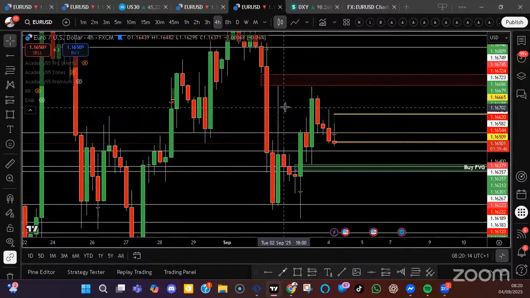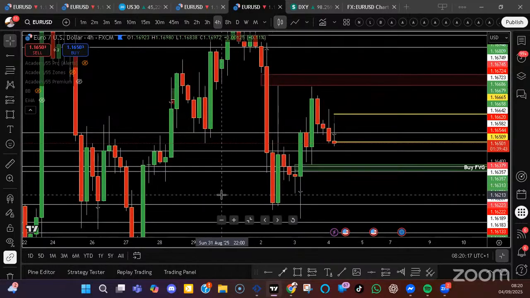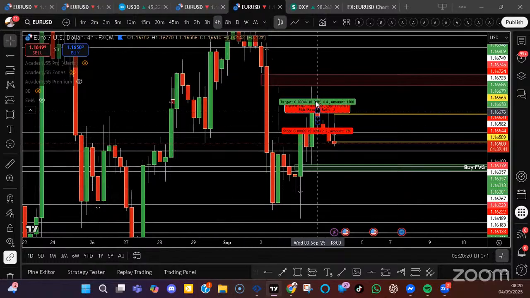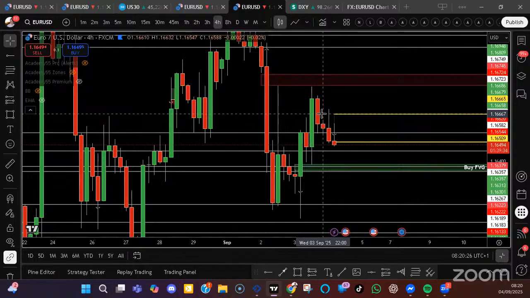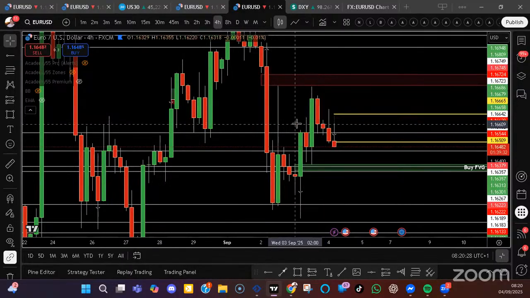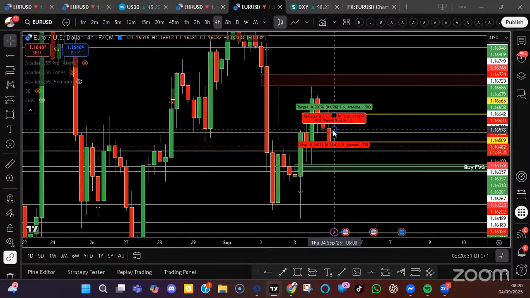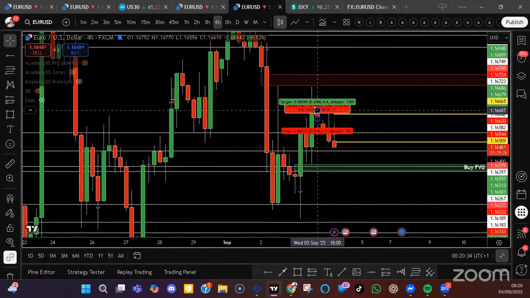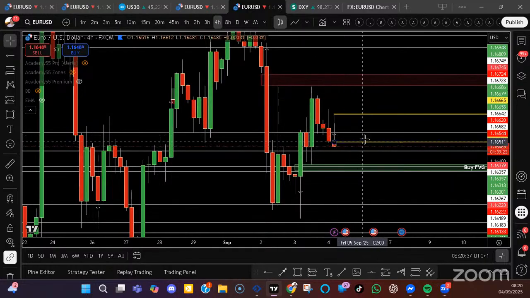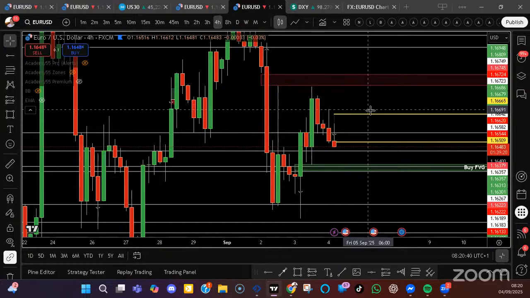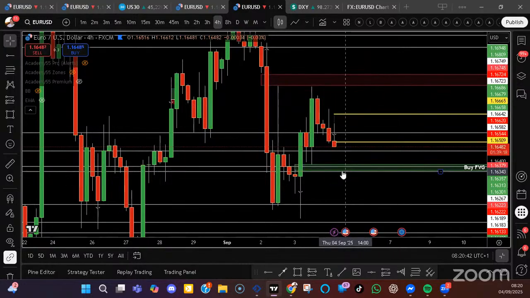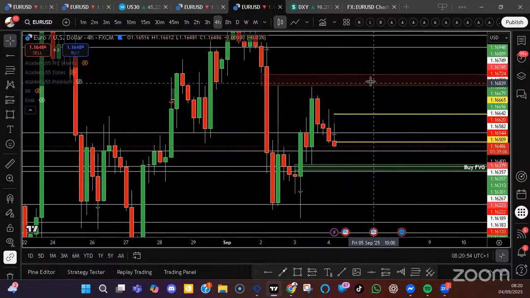But usually, more occasions than not, if there has been what we call the Asian session that starts midnight last night in the UK, if they've been slowly selling off, usually during the London session they reverse that trend and buy. But are they going to get down here first before they do that? Or are they going to pick up orders in this buy zone? If there's enough orders, then they will go and do this one first.